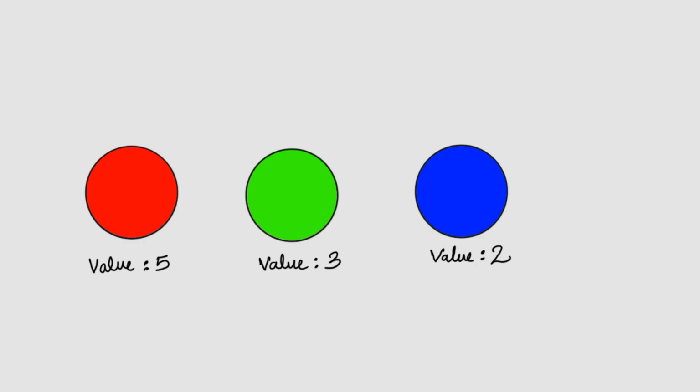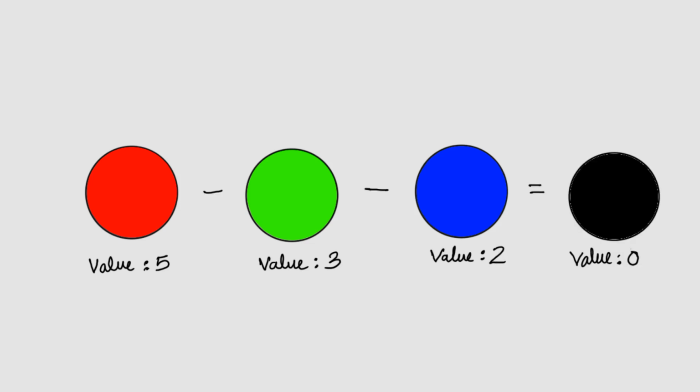Now let's also assign some values to the color red, green and blue corresponding to their wavelengths. Again, red has the highest wavelength, green has a wavelength which is lesser than red, and blue has the least wavelength. So we've just assigned the values 5, 3, 2 to red, green and blue. Now talking about the subtractive color model, here we are mixing different paints and the wavelengths are subtracted.